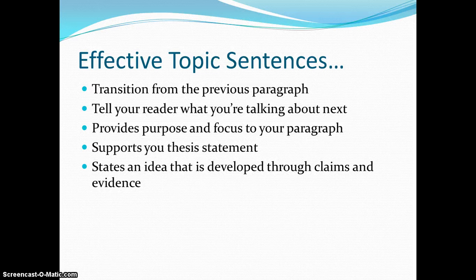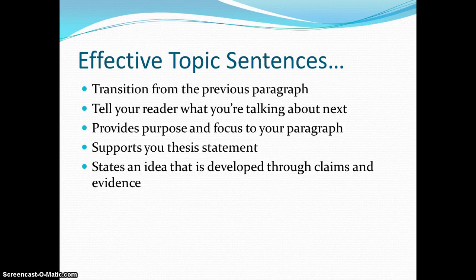You can just use a single word sometimes, but when you're going from paragraph to paragraph, usually you need at least a phrase to move you from the previous paragraph. Whereas if you're going from sentence to sentence, you can say something as simple as, for example, or also, or although, nevertheless. One word can take you from sentence to sentence. Paragraph to paragraph might take a phrase, so do be aware of that.